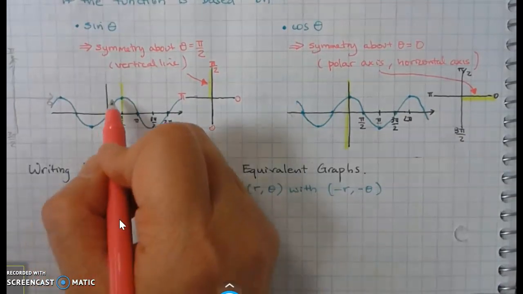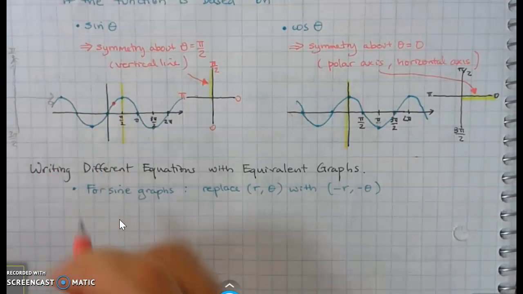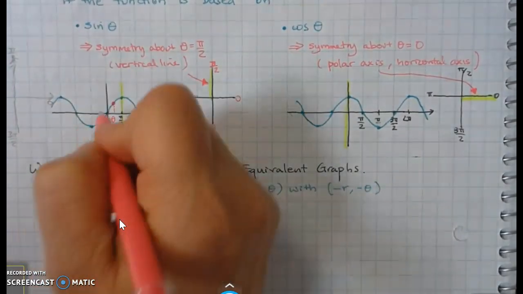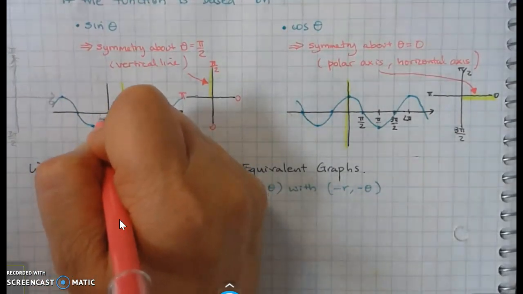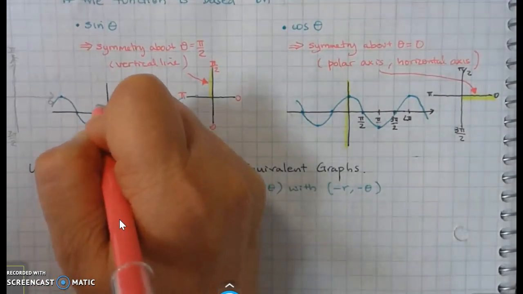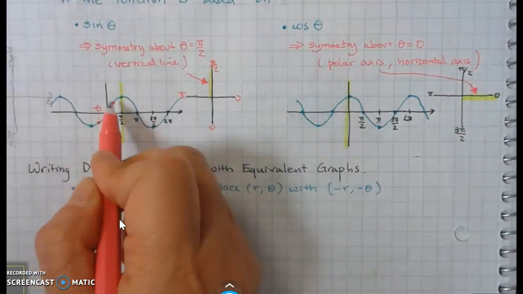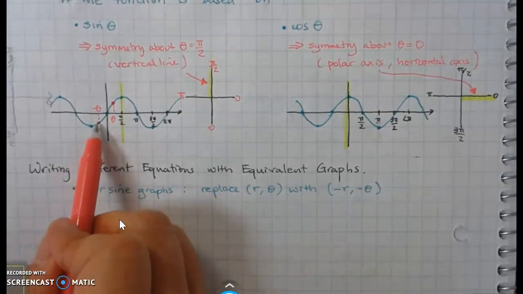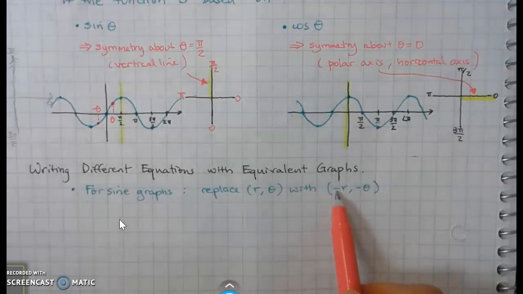If I have some theta here, and then in the negative direction this will be negative theta here, the value for the sine is going to be exactly the same magnitude but opposite in sign. So that means the radius has to go in the opposite direction as well.